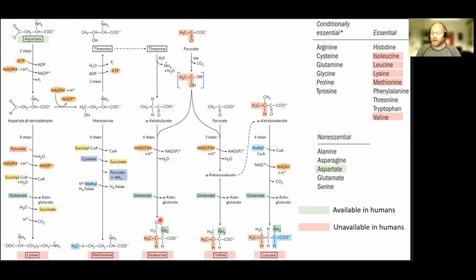So pyruvate here donates part of its carbon skeletons to isoleucine, valine, and leucine. And acetyl coenzyme A donates another part of its carbon skeleton for making leucine through a branch in the valine pathway.